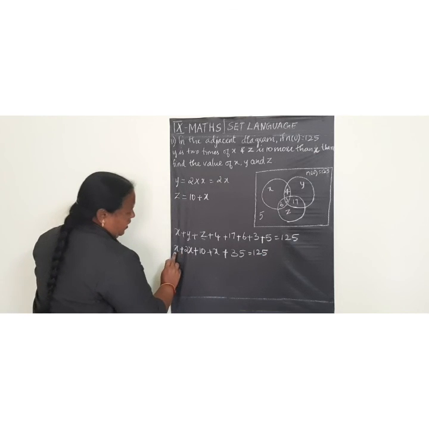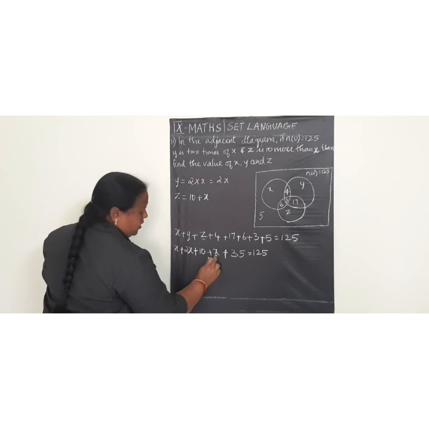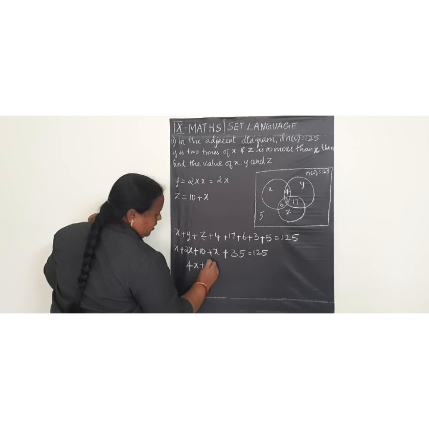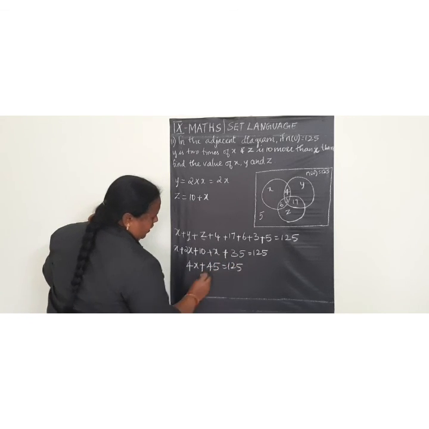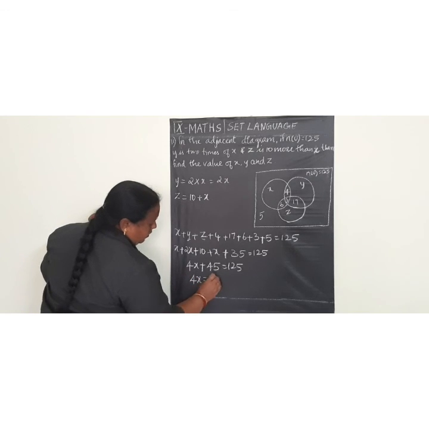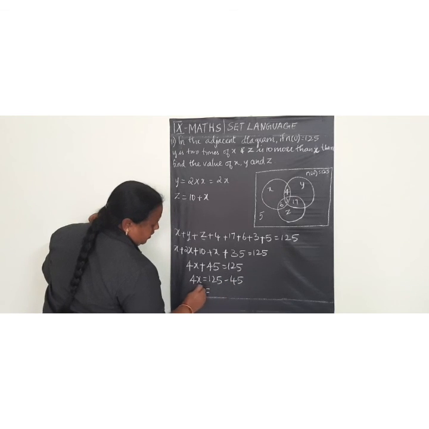Next, add all the x's first: x plus 2x is 3x, 3x plus x is 4x, plus 10 plus 35 is 45, equal to 125. Now keep x on one side: 4x is equal to 125 minus 45, so 4x is equal to 80.